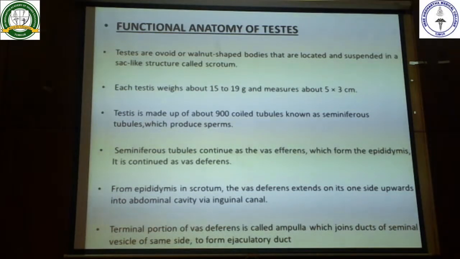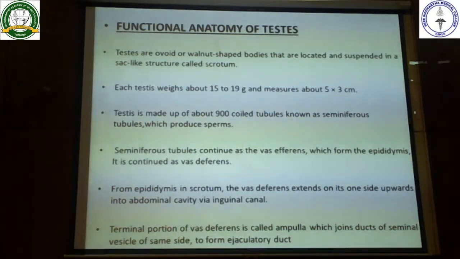In these seminiferous tubules the sperms are produced. These coil-like structures are present inside the lobules of the testis, and the seminiferous tubules coming out of the lobules join together in the mediastinum of the testis, where it is the rete testis.